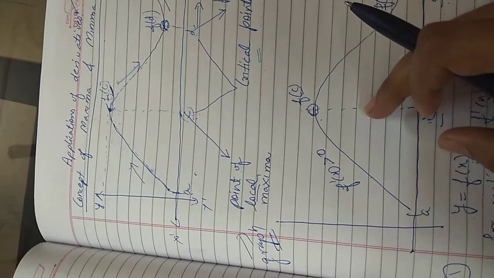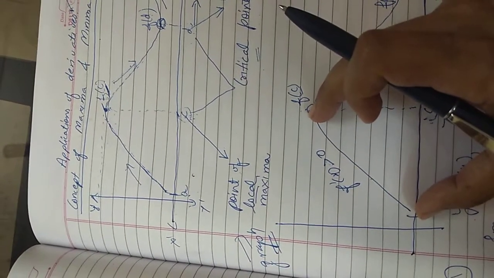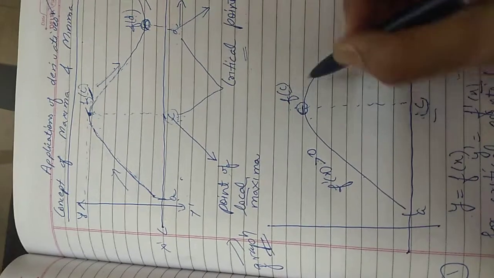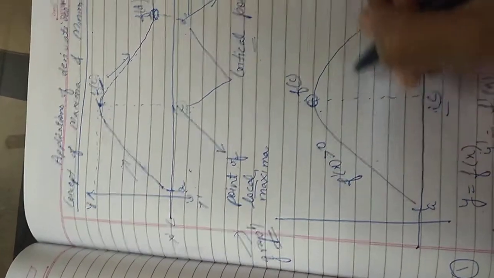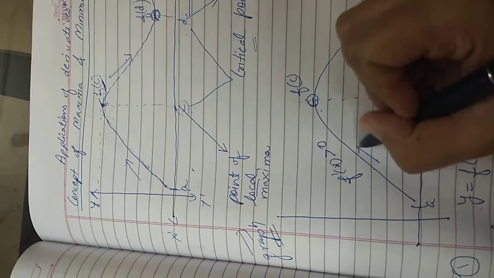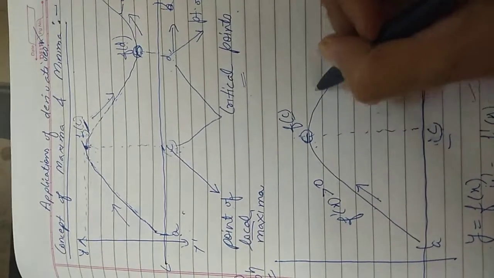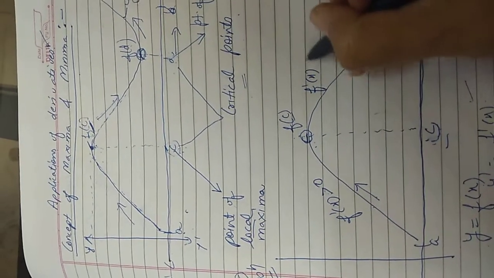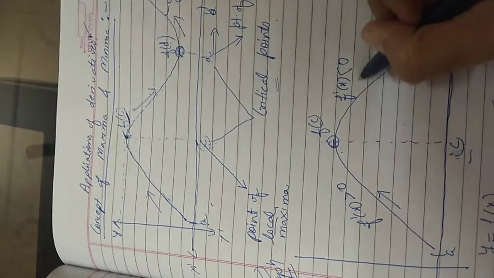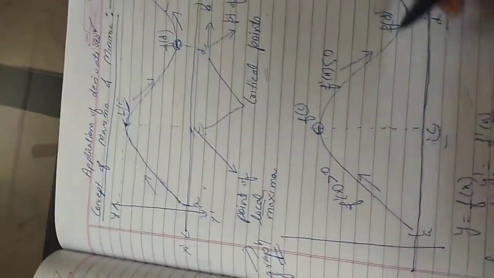If you take any point in this interval, f dash x will be positive. Here f dash x is positive, it is going high, and after getting the maximum value, f dash x will be negative, that means it is going down, right?